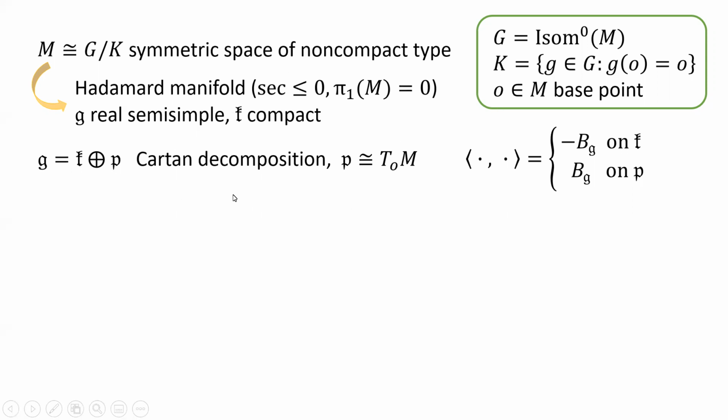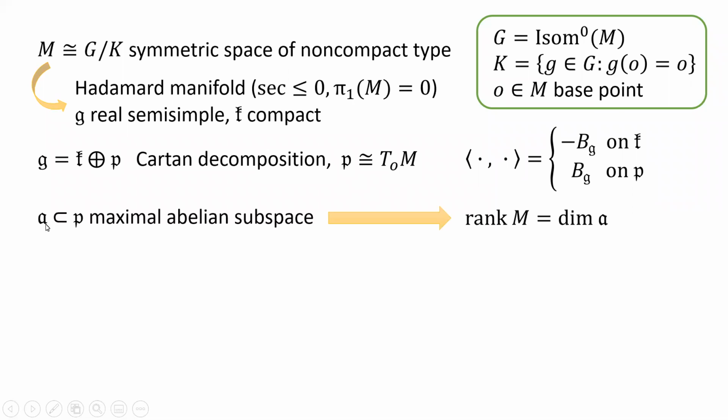Now, on G, you modify the Killing form, B_G, by changing its sign on K. Okay, and then this becomes an inner product, a positive definite inner product on G. We will be using this inner product implicitly in the rest of the talk.